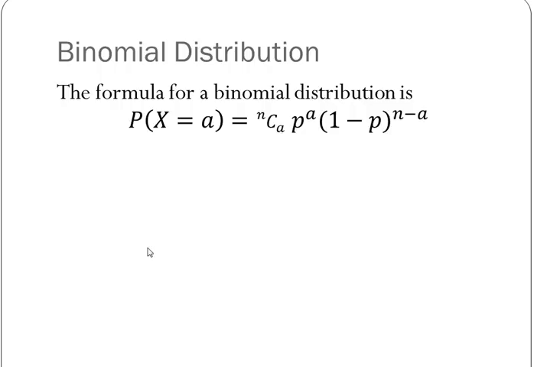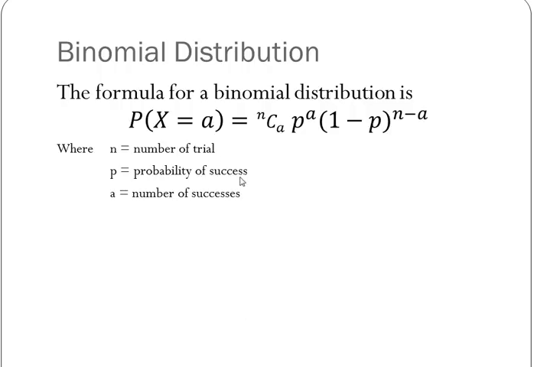And now let's introduce the actual formula. Now this formula is where n is the number of trials, p is the probability of success, and a is the number of successes. Now, if you ignore the left-hand side and think back to the tree diagrams, if I had probability of success and say I had 5 trials going on, so that's a 5-branch tree diagram, I had a number of ways of moving through the tree diagram, and that's what my n choose a is going to give me.